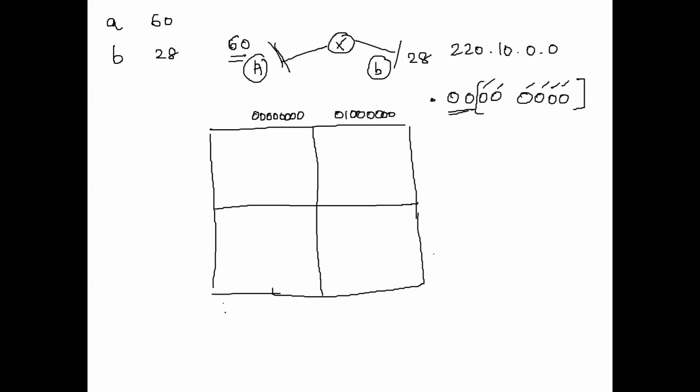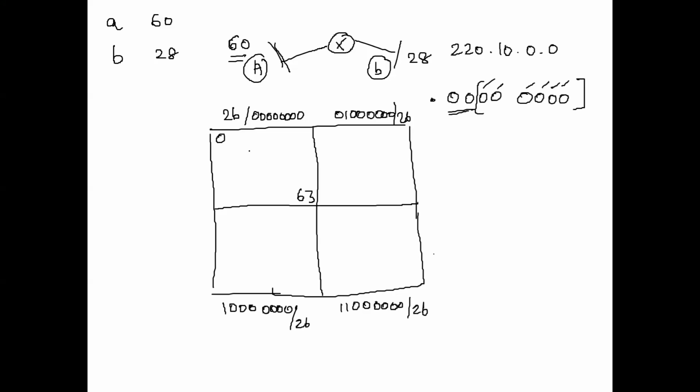This is 1 0 0 0 0 0 0 0. All are slash 26, slash 26, slash 26, and again 1 1 0 0 0 0 0 0 slash 26. So let me take the first one. The first number will be 0 and the last number will be 63.